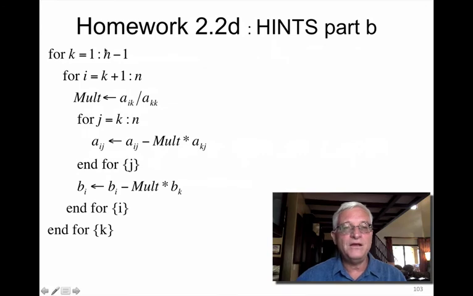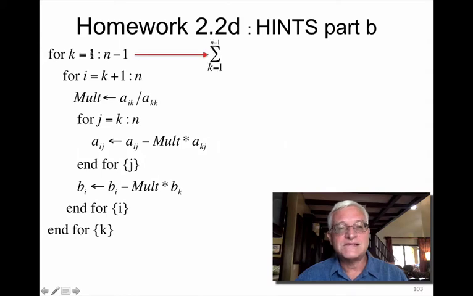In part B, we're going to scrutinize this logic carefully. And as we recall, every time you have a for loop, you're going to be adding up floating point operations for all the code that is nested within that for loop. So we are going to assign a summation using the same indices we have in the for loop, using the sum sign.